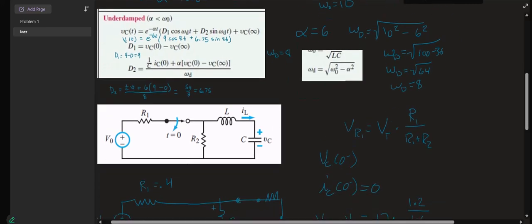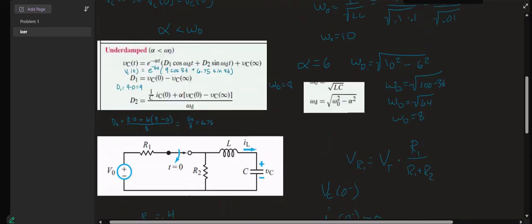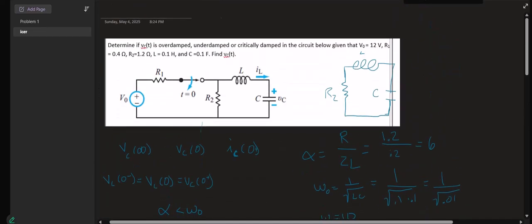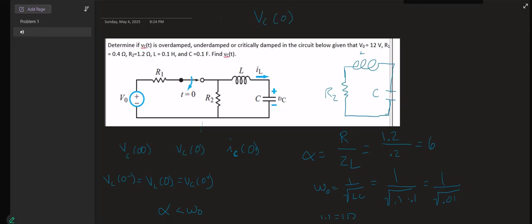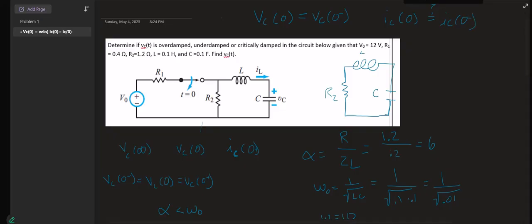Let me go back to this, because it's important, because I could have been wrong, and that would have made the whole answer wrong. VC of 0 has to be the same before and after, so it has to be VC of 0 minus. IC of 0 does not necessarily have to be IC of 0 minus. It could be, but it doesn't have to be, because it can change instantaneously.